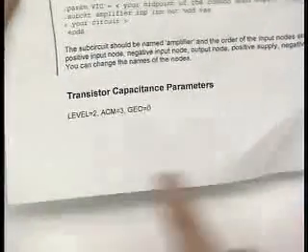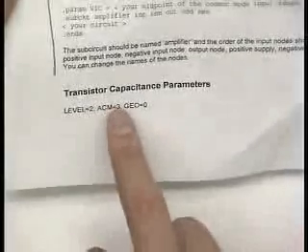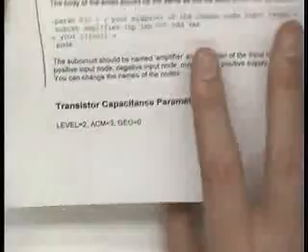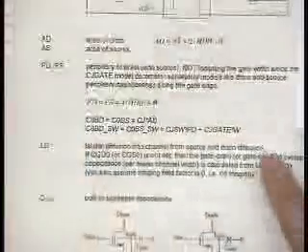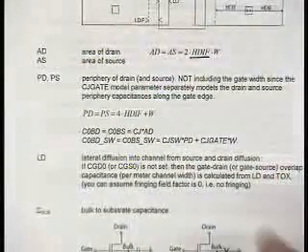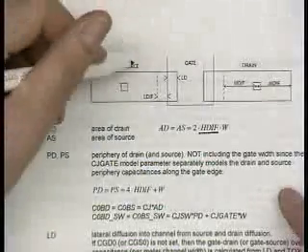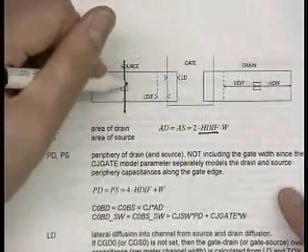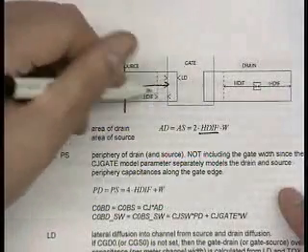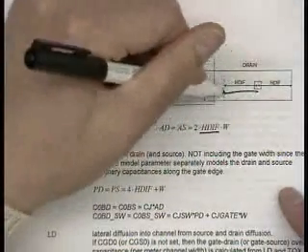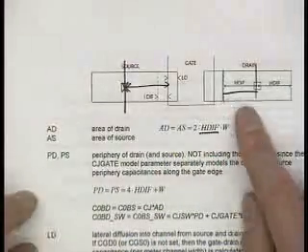And basically the model that we use is level 2 ACM, which is how the capacitor model is derived, and then a geometry parameter. So HDIF is a parameter that's given in your device model, and that's basically the distance from the contact. This is HDIF. It shows it right here. Okay?